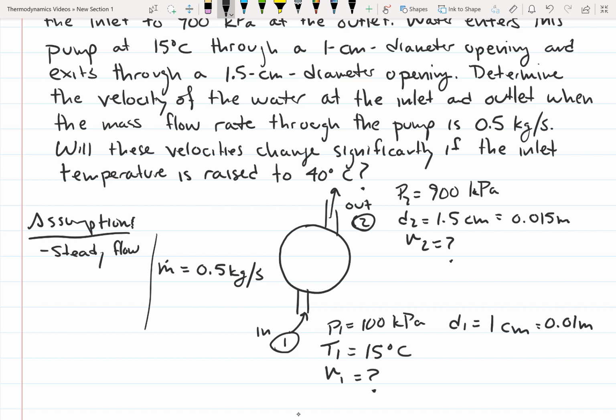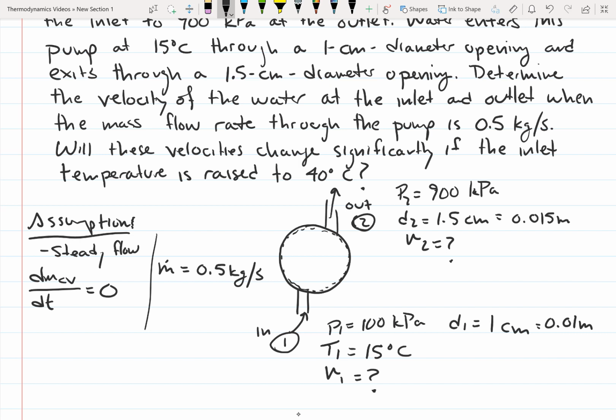So if it's been operating for a while, we know that the mass in has to equal the mass out, and the mass in the pump, so the mass in the control volume, and just draw this as our control volume. So the change in mass in the control volume with time has to be equal 0 because there's only a limited amount of space in the pump.